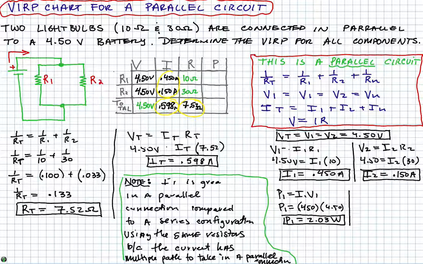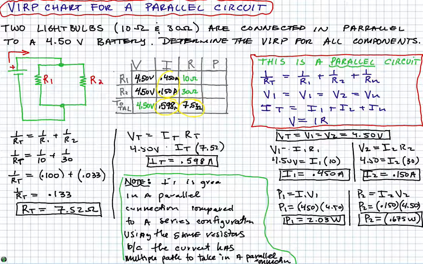And I'm starting to run out of room here. Let's do P2, I2, V2. P2 is equal to current of 0.150 times 4.50. So P2 is equal to 0.675 watts. I'm not sure why I put that in parentheses, but it still works.